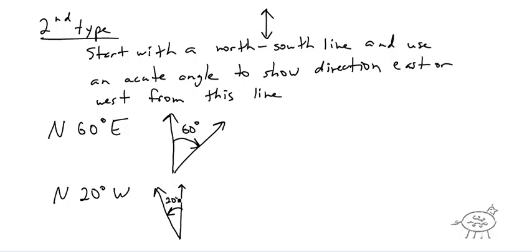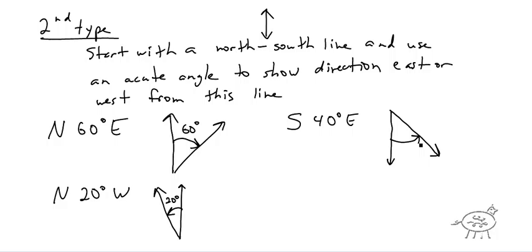So that's 20 degrees. The next one is south 40 degrees east. Now we're going this way, and you're going east, so again to the right, because the right is east.